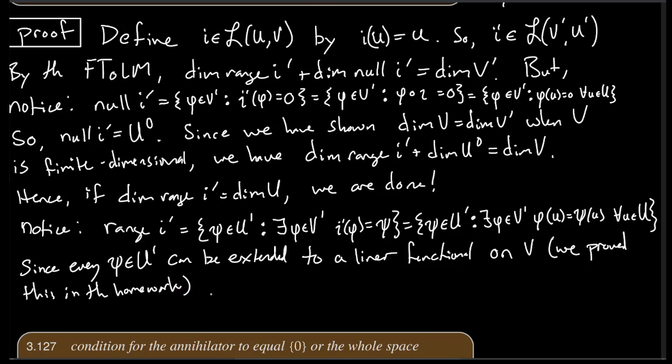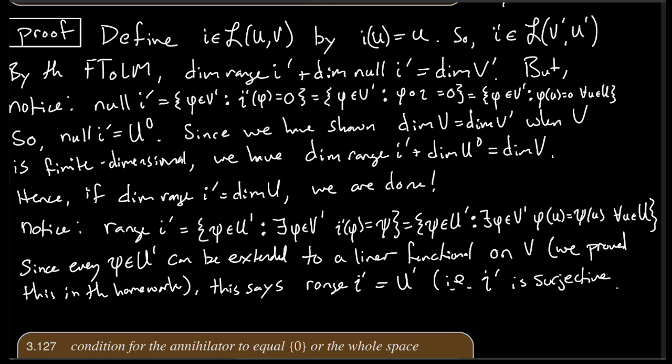All right. This says that the range of I prime, the dual of I, is precisely equal to U prime, i.e., I prime is surjective. Oh, okay.